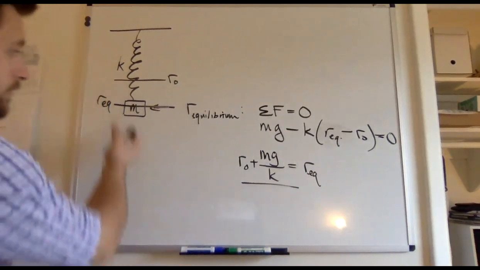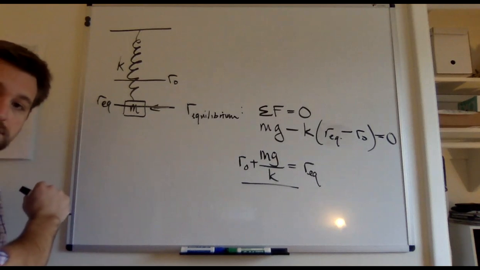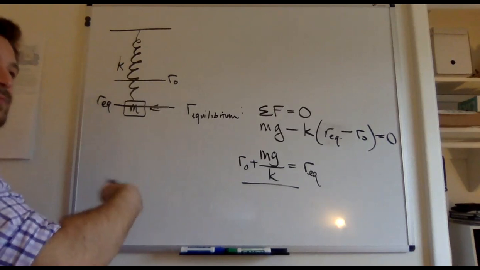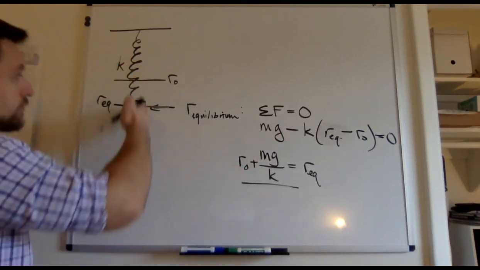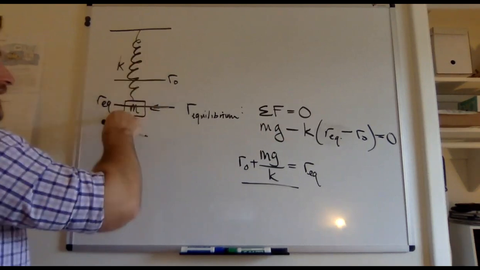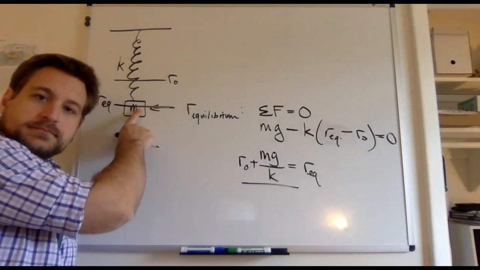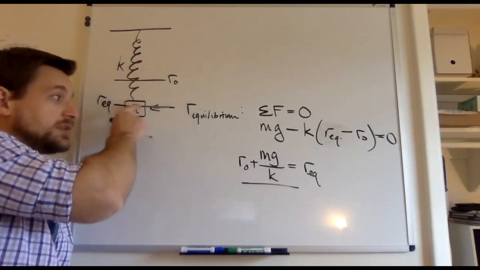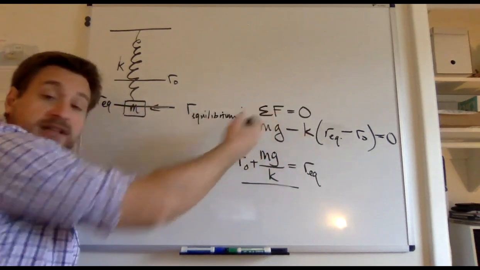Okay, what if we stretch it past that and then let go? Well, the spring will be stretched more than in equilibrium, so the net force will be up. It'll go through equilibrium, and at that point, we'll have some velocity. And we'll go past that equilibrium point because at that point the net force is zero.